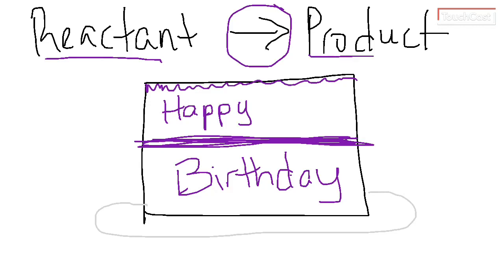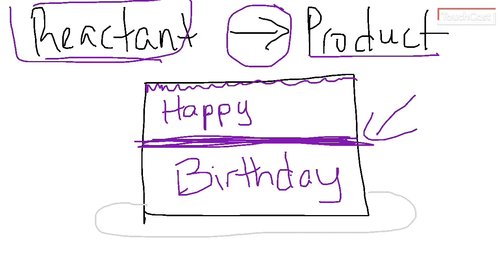Your product, when you make a cake, is going to be a completely baked, delicious cake. And hopefully your cake looks a lot better than my little drawing here. Okay, so once I mix together the ingredients, that's my reactant, that's the left side, I'm going to yield a product, which is my final thing after they go through the process of some type of reaction, whether it be adding heat or just mixing things together.